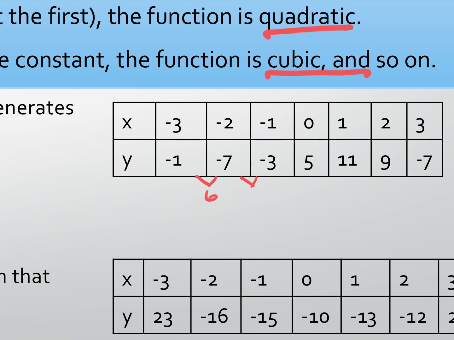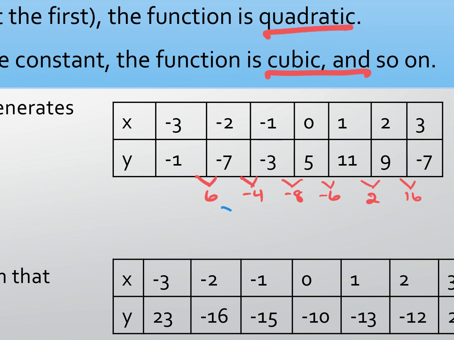We would have -7 minus -3, -4. We have -3 minus 5 would be -8. 5 minus 11, -6. 11 minus 9, 2. We have 9 minus -7, 16. And notice we did not get the same number.